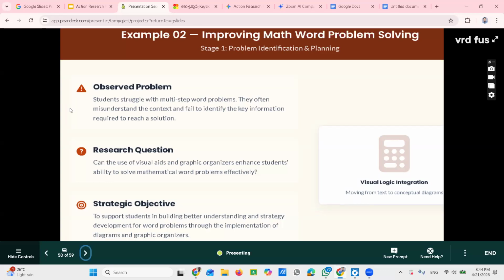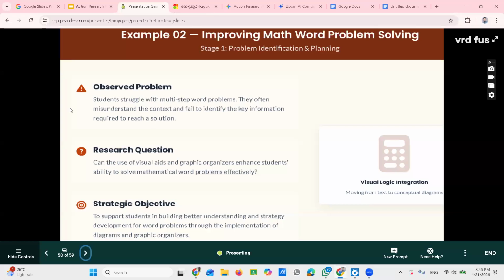Right, I think this one is the best because the way of solution is also available. How are they going to develop the students' step-by-step mathematical skills? Using visual aids and graphic organizers. The teacher expects to use visual aids and graphic organizers to solve this problem.